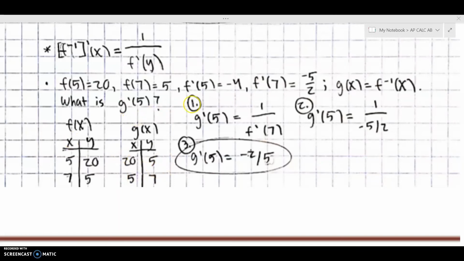Okay, so what you want to do first is remember we talked about this equation, right here. So let's actually use that.